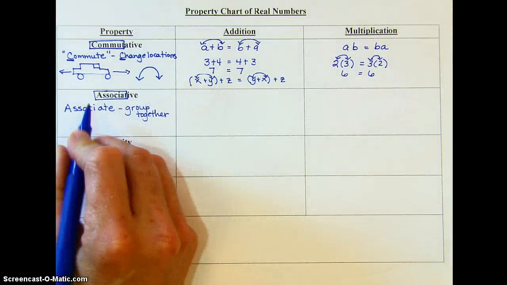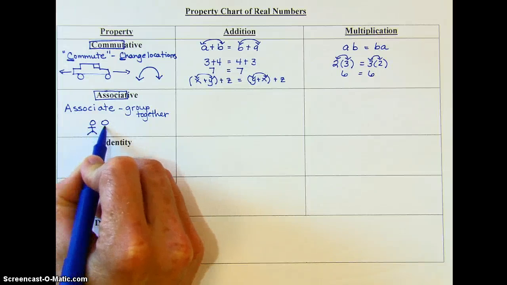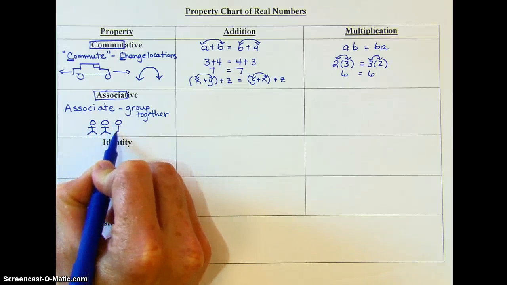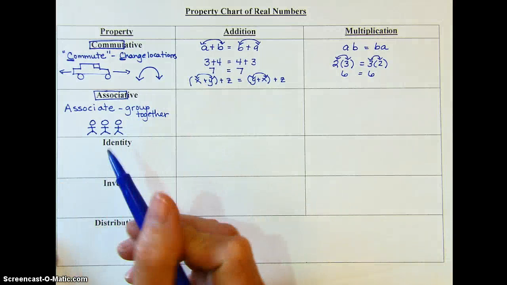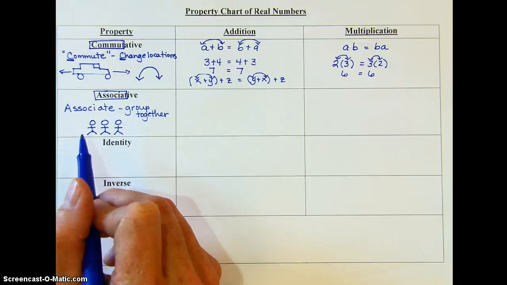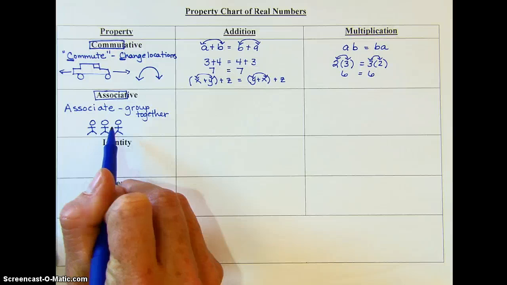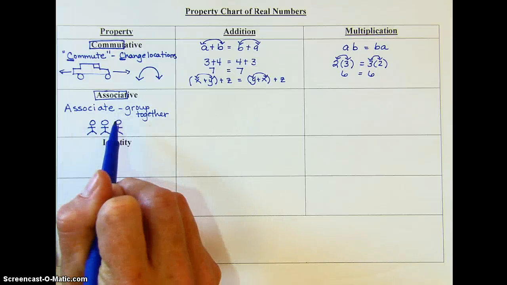Okay? So the little picture that I want you to draw here is just 3 people. So here is a group of friends. They are grouped together. And the point behind associative property is it does not matter which way you group them. You're still all in a group.